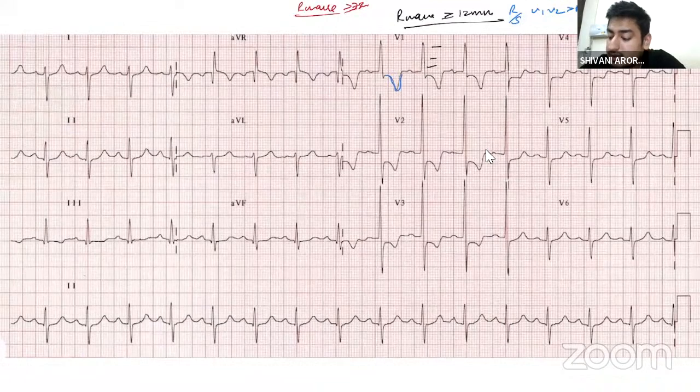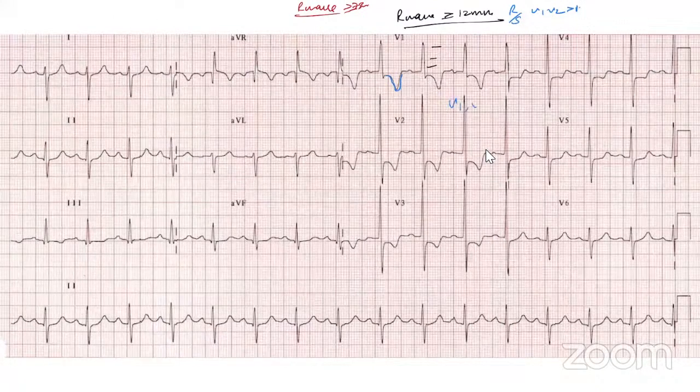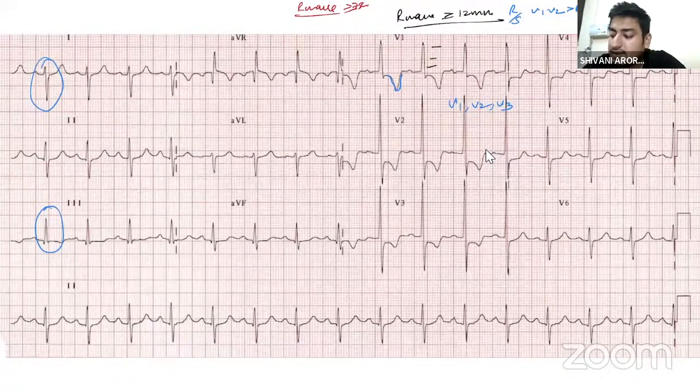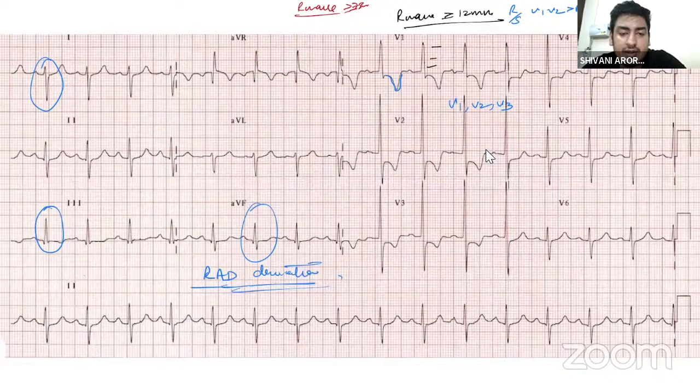Then we have this right axis deviation here. Okay. Clear? So these four criteria are there. That is right axis deviation. R in V1 is more than 7 mm. T wave inversions in lead V1 and V2 and R to S ratio of more than 1 in V1 and V2. Clear?